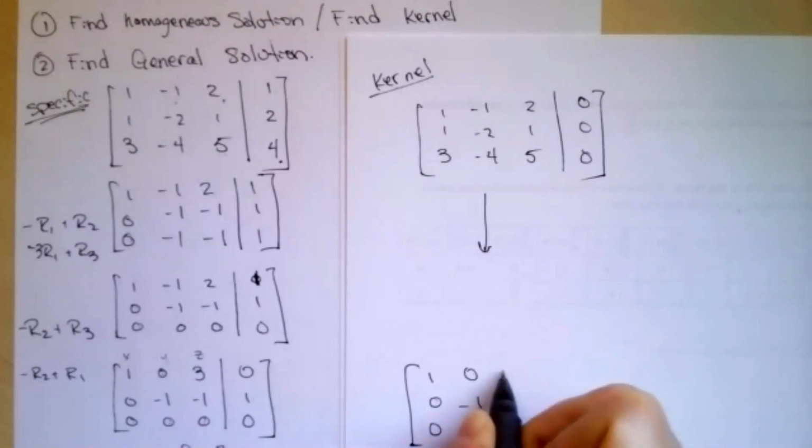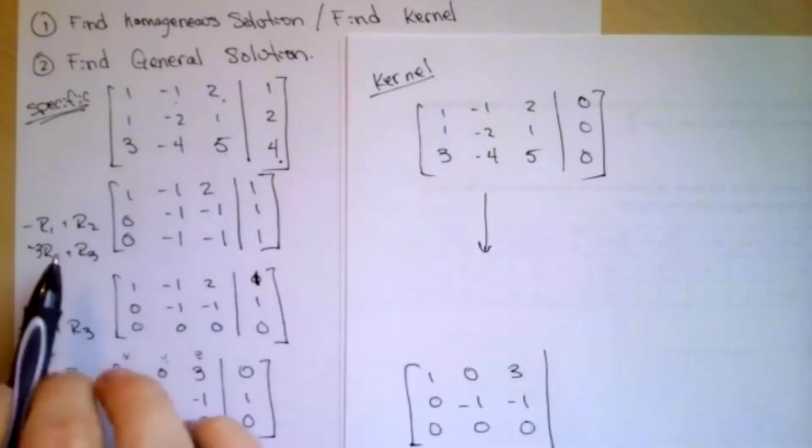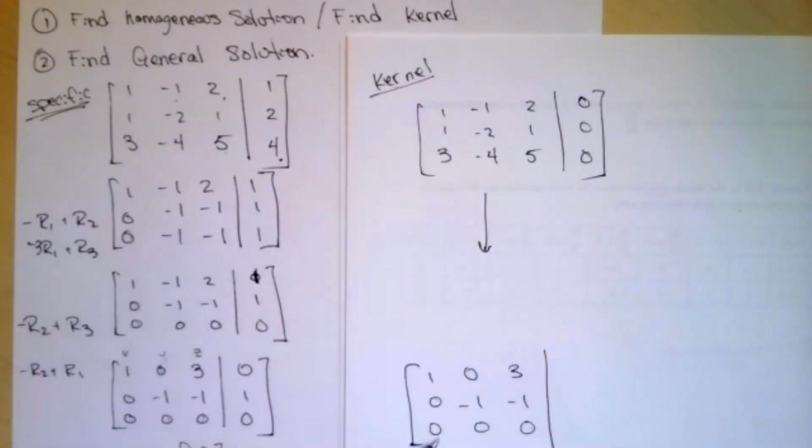What's going to happen when we perform the exact same row operations? The coefficient matrix is going to end up being the same. We're still going to do the exact same process of eliminating the corresponding positions, getting it in reduced row echelon form. And actually here, let's make these positive.